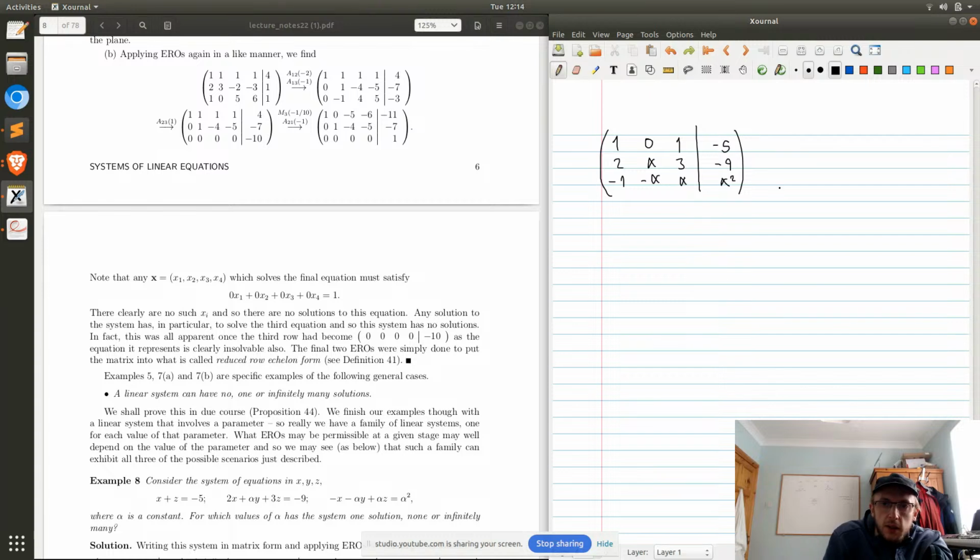It's totally fine to do that in one step. What I want you to do is add -2 lots of row 1 to row 2. And then I want you to add row 1 to row 3.